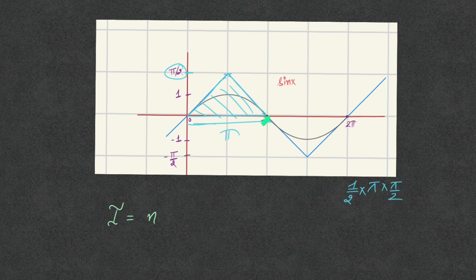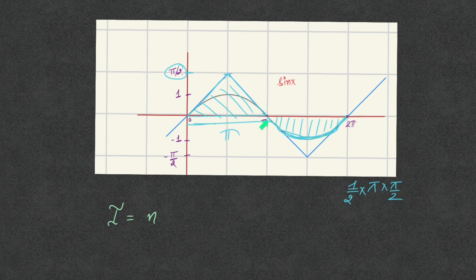And from π to 2π the maximum value is of sin x. That means we get the maximum of this sine curve only, because for the negative y-axis only sin x will be the maximum.